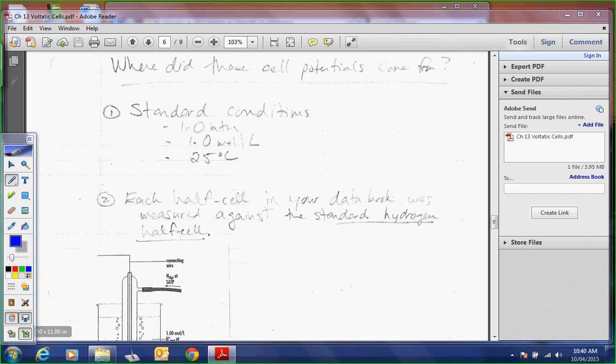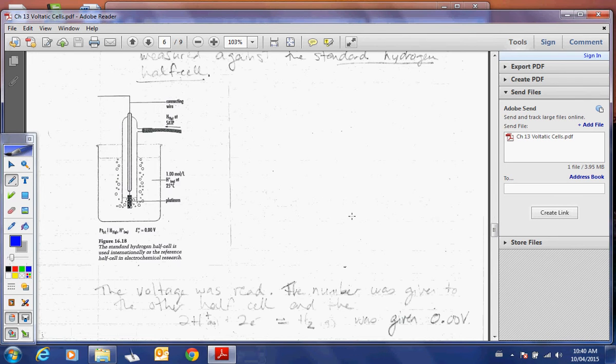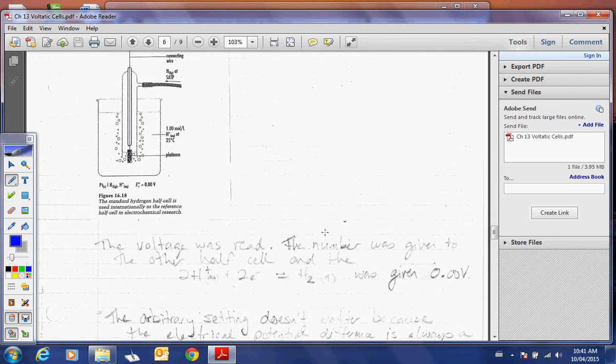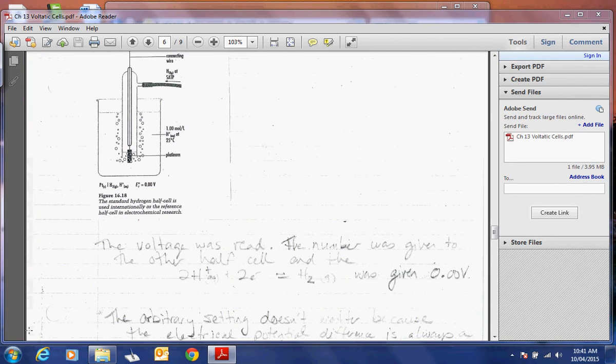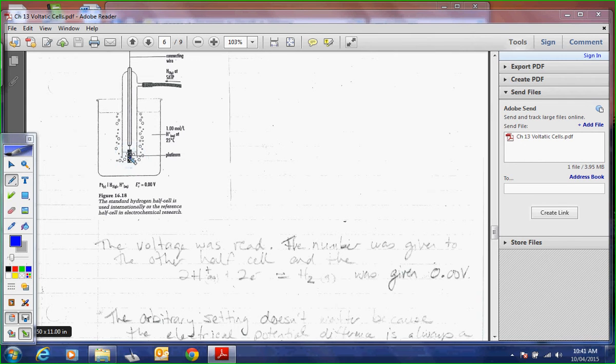So each half cell in your data booklet was measured against the standard hydrogen half cell, which looks like this. Here's a canister that's injecting H2 gas. There's your platinum electrode there. This is just like an upside down test tube inside a beaker. Your upside down test tube has your platinum electrode.